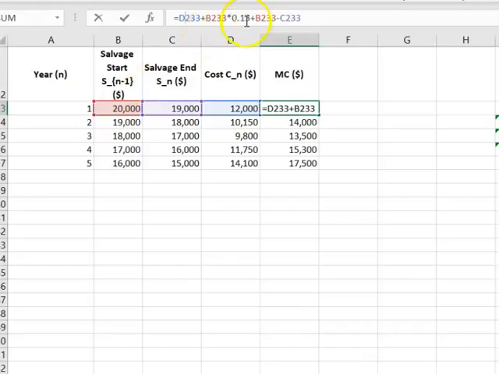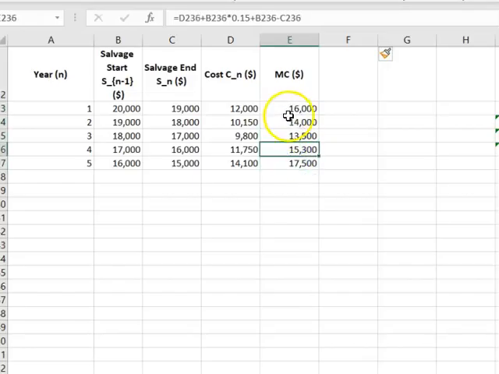So here we have 15% times the salvage value at the beginning of the period, and finally the loss in the salvage value between the beginning and end of the period. The same calculations go for the other ones, and these are the results. And here you can see the formula that you should apply.